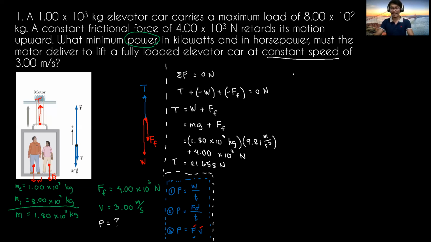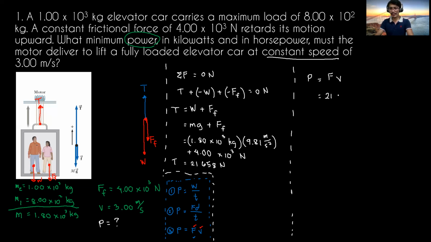Remember, power is what we need. Okay? So we already have force, which is this tension. And we also have the velocity, which is 3 meters per second. So that means we can now calculate power. Power is just equal to the force multiplied by the velocity.